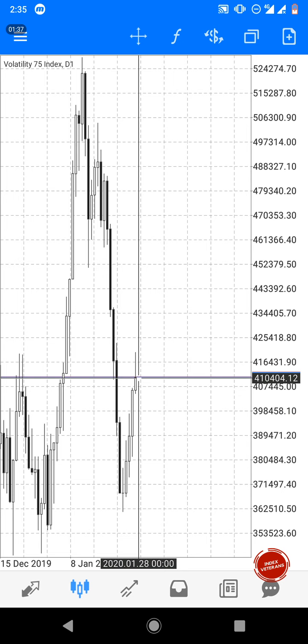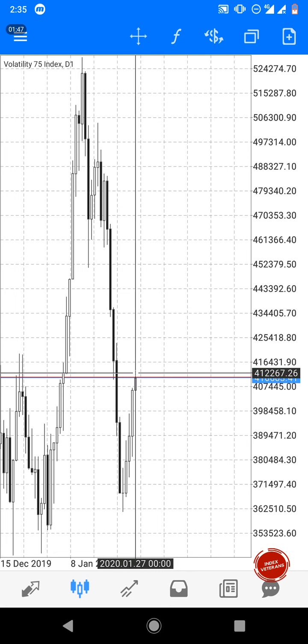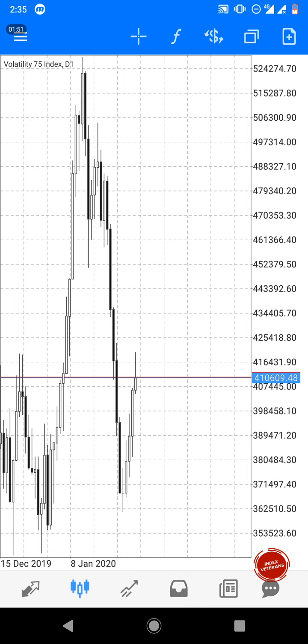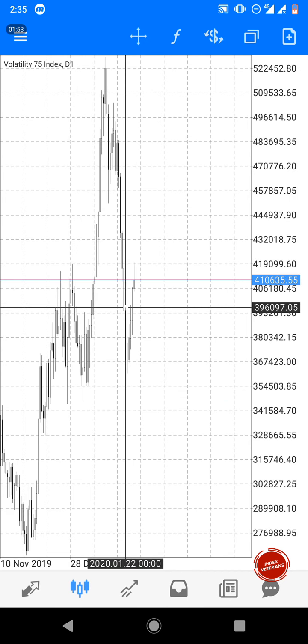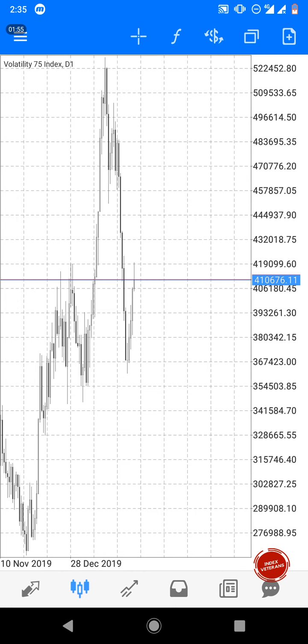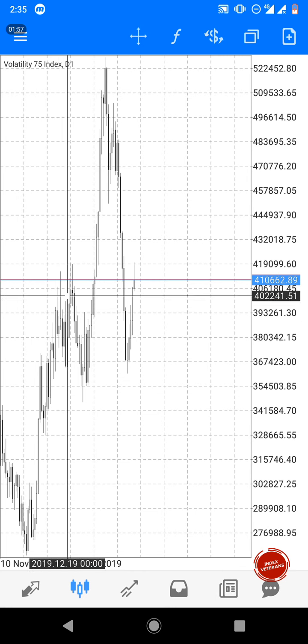So don't go to the daily or to the 1 week unless you have a 10k USD account or a 20k USD account that can hold a lot of losses, because when you do analysis on the daily time frame, like what I'm doing here, this is a head and shoulder pattern, guys. Very clear.